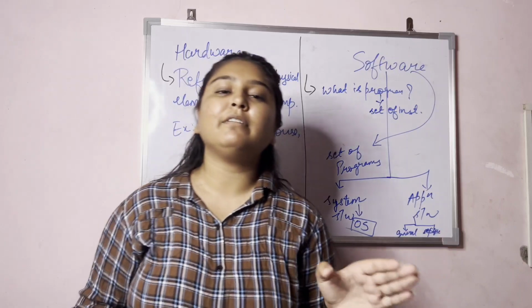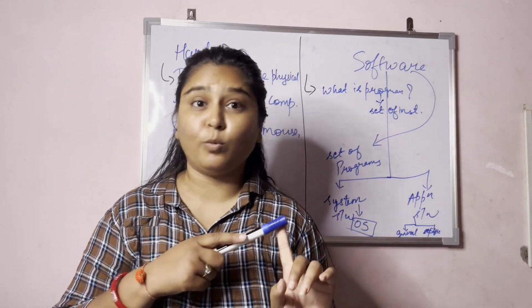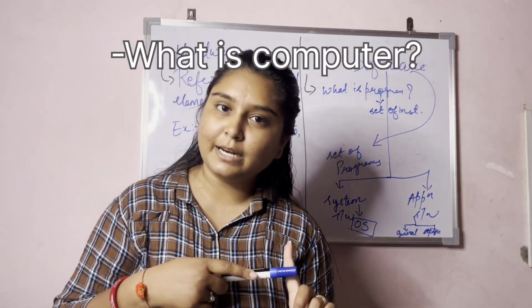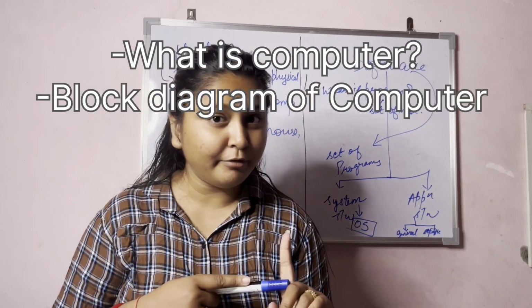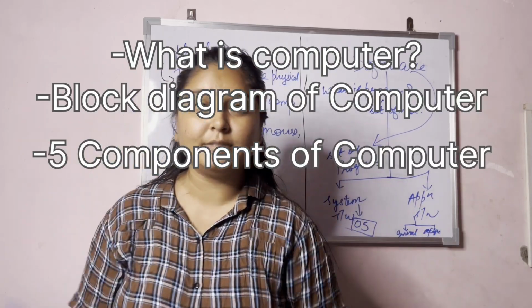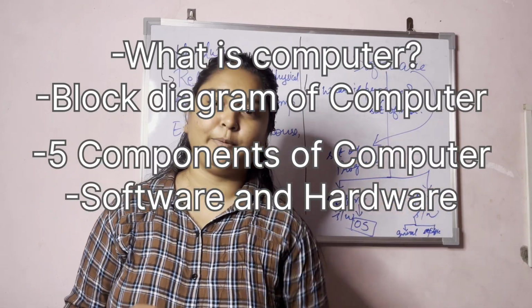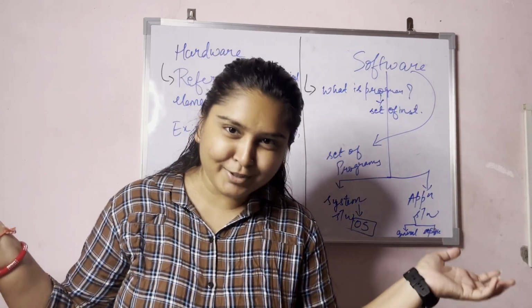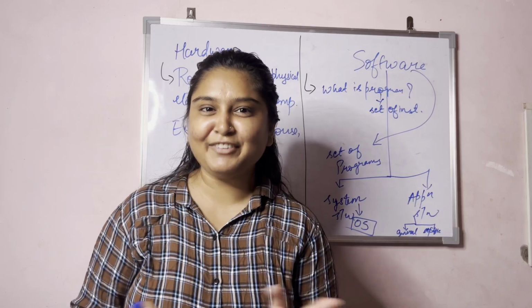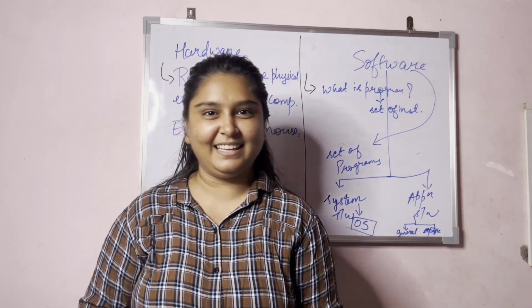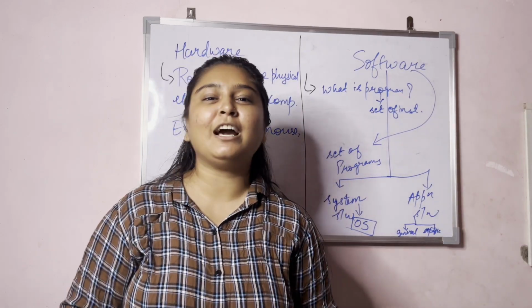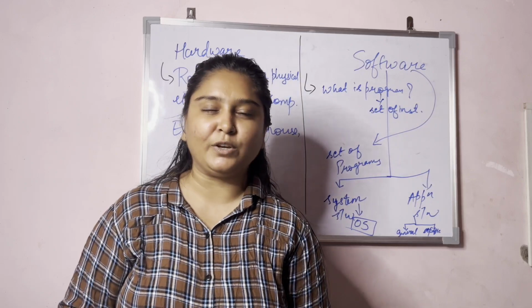Today, whatever we have discussed is, first of all, what is a computer, then the block diagram of a computer, the 5 components of a computer, discussing those components deeply, and then we have covered software and hardware. So that's all for today. Stay safe and keep learning. Till then, bye for now, and we'll meet in the next video.